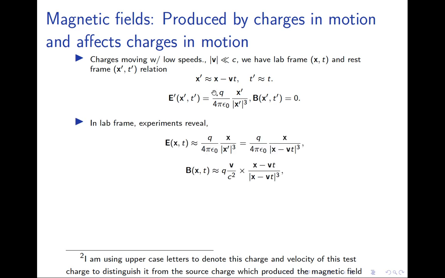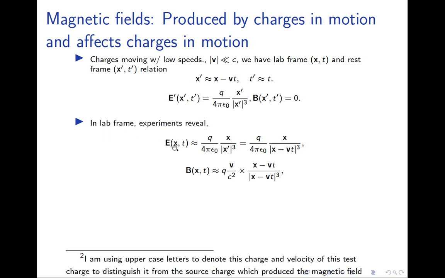However, when we conduct experiments in the lab, we find that the electric field, so this is E prime, anything which is prime means in the frame in which the charge is at rest, and E and everything without primes mean the lab frame.